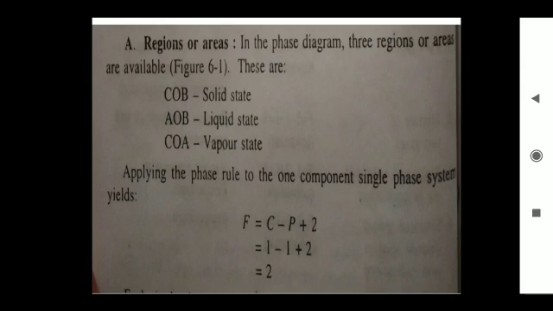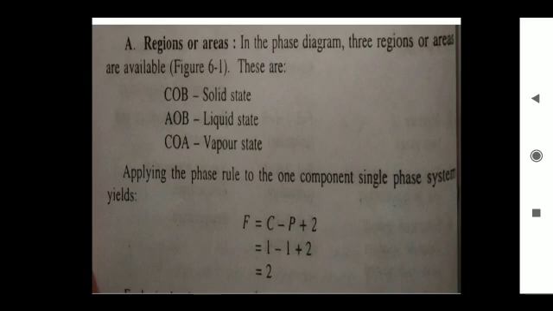The phase diagram of water consists of three regions: COB, AOB and COA. In the COB region, the substance exists in the solid state. In the AOB region, the substance exists in the liquid state. In the COA region, the substance exists in the vapor state.